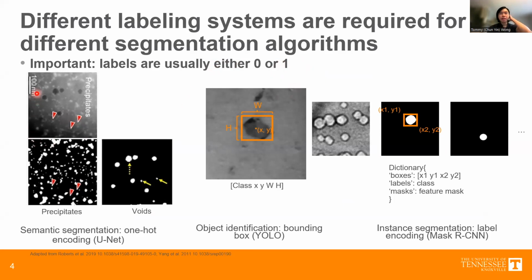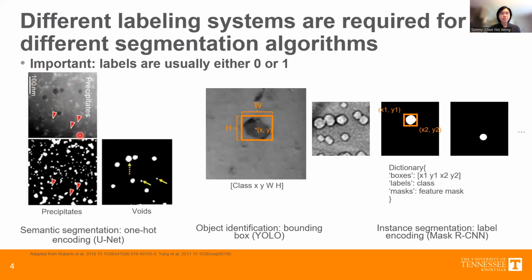So in semantic segmentation, which basically means you get a single mask of all the features you want to identify quite accurately for a single image, for example, you will use one-hot encoding. What that means is, for example, in this image, there are both precipitates, which are these smaller white ones, and the larger ones, which are voids.